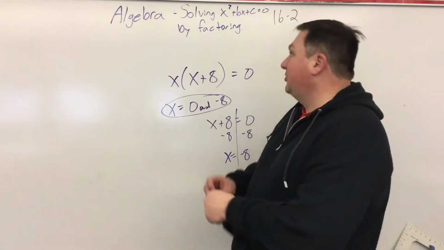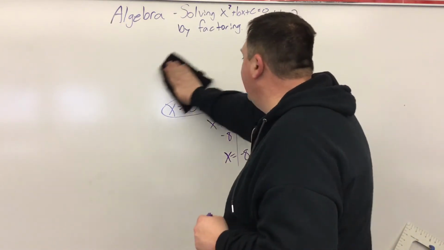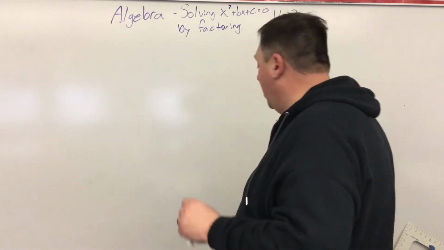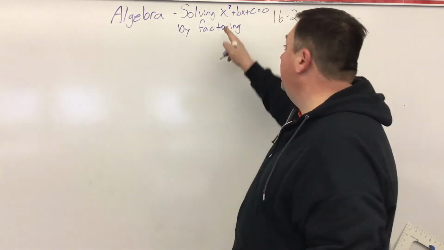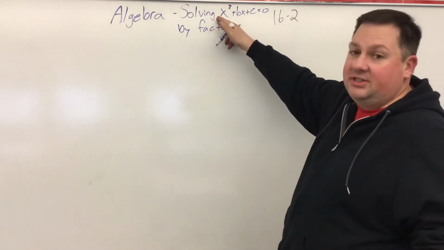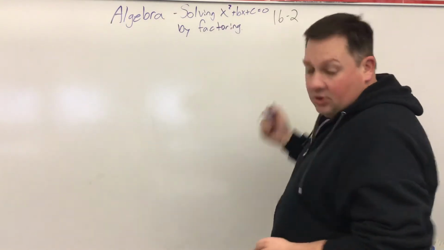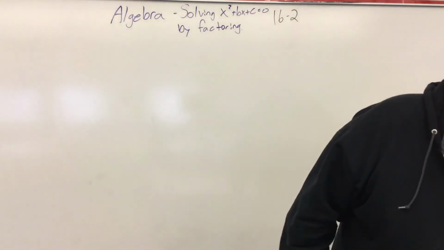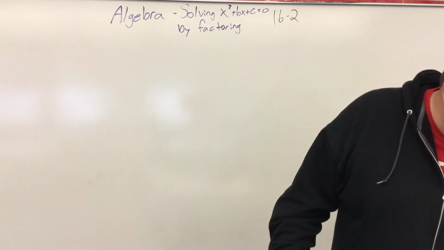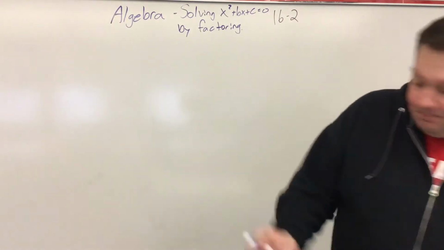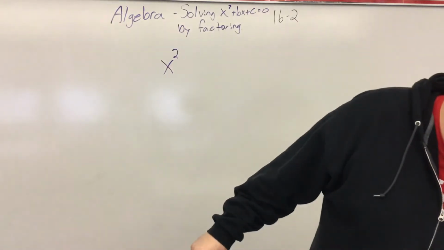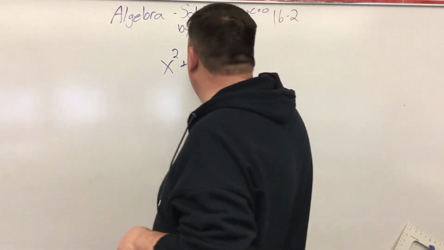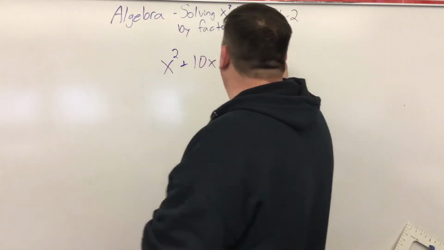Now we're going to talk about solving the quadratic equation by factoring, which all we have to do is create those two binomials by factoring. And if you notice, there's no a up there, so this is going to be the easy factoring. So let's start off with x squared plus 10x equals negative 21.